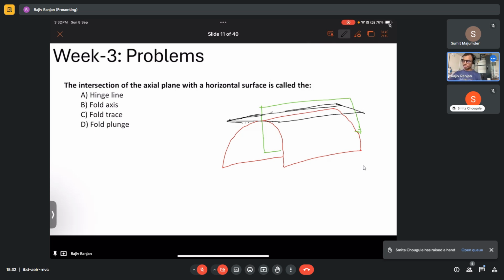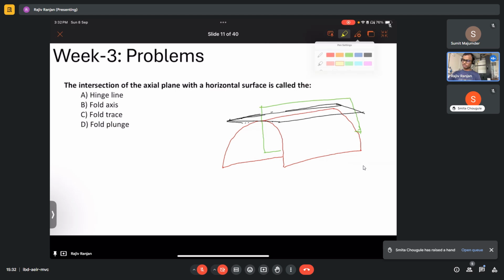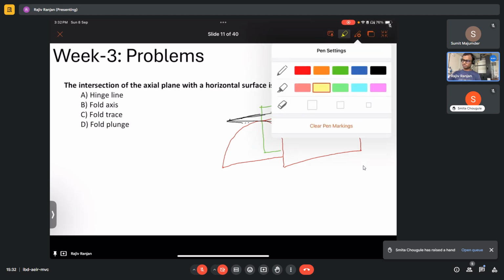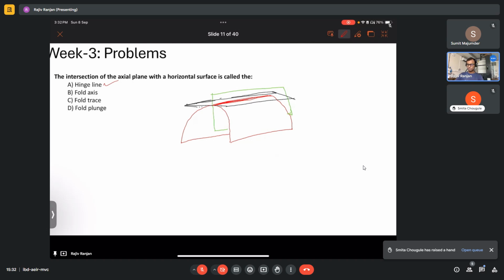So what will it give? What is the intersection? The intersection is this one. This is the intersection, isn't it? So what will it give? Tell me, anybody? Hinge line. Correct. Okay.